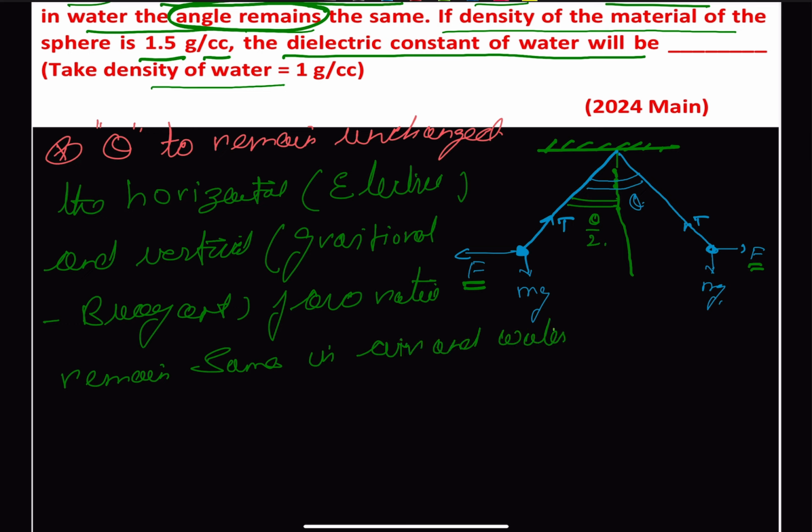So the only difference will be that in air there won't be any buoyant force, but the ratio is going to remain the same. So we can divide into two parts. First we are going to consider in the air, and then we are going to consider in water.